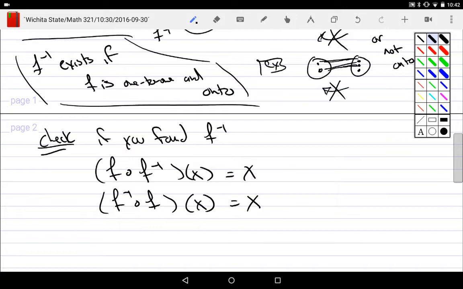To be onto, you have to check if the range is the codomain. You have to make sure that the codomain and the range are the same, and then you would actually do it. Sometimes you have to create a partial function rather than a total function. You'd say, I'm only interested in these x's and these y's where my graph is. And then you limit it. Okay, the range is the same thing as the codomain.